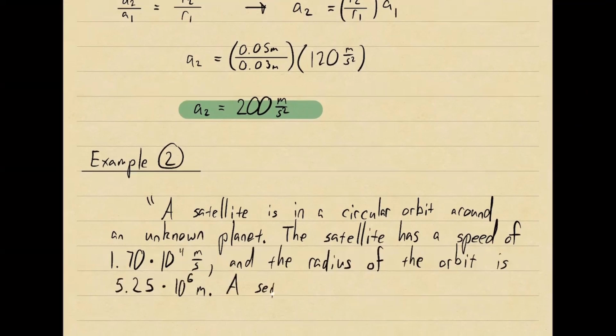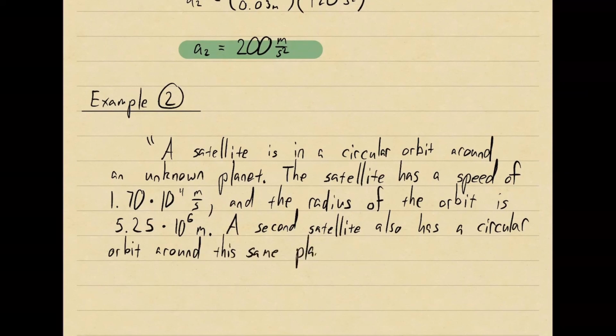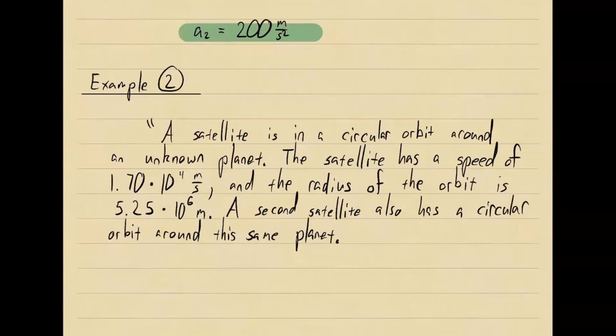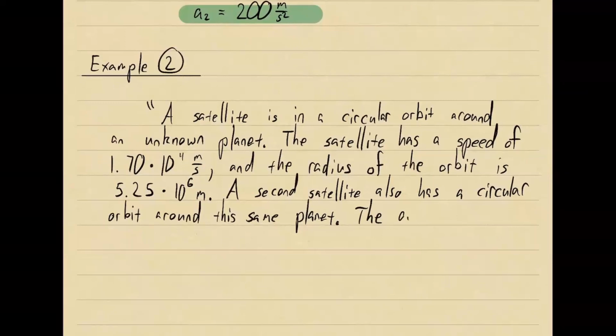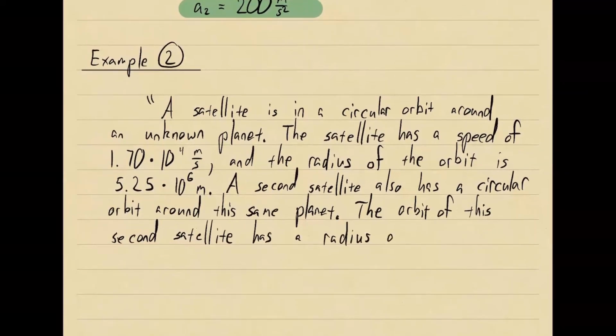So the orbit of this second satellite has a radius of 8.6 times 10 to the 6 meters.